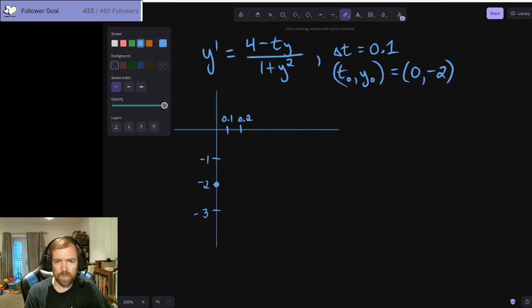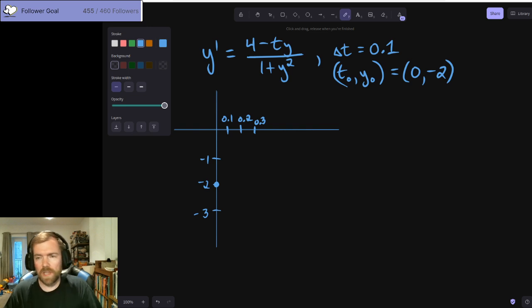Right? So if we go and say our initial point here was 0, -2, and you said, let's try to find the derivative here. Or we know what the derivative is. What is the slope or the derivative at that particular point? Oh gosh.